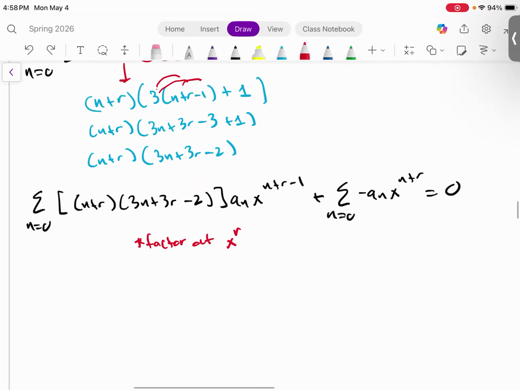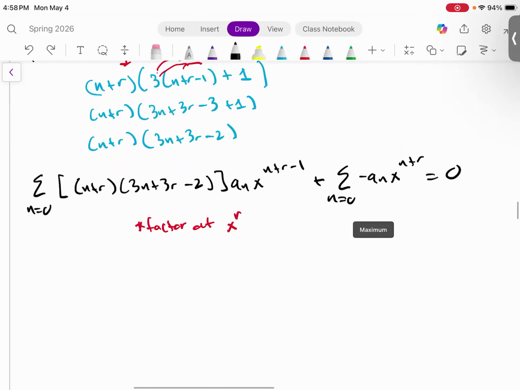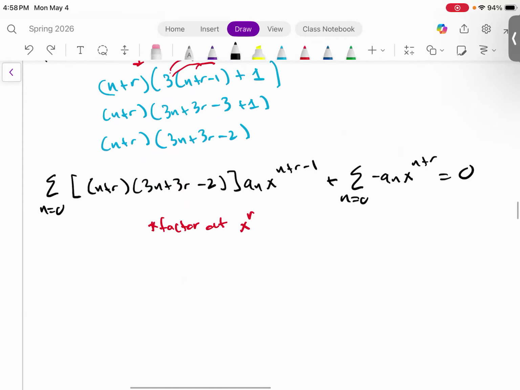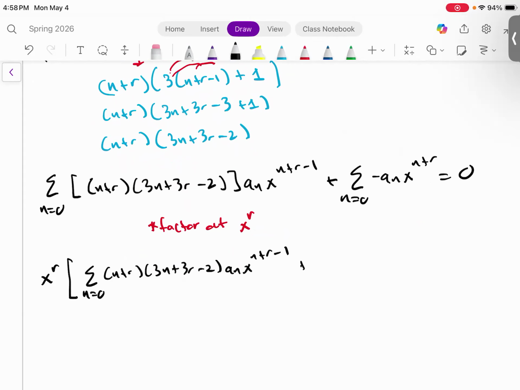So let's do that. What we will get is x to the r, factoring that out, big old brackets: series n equals 0, n plus r times 3n plus 3r minus 2, a sub n x to the n minus 1, plus the power series n equals 0, negative a sub n x to the n, all equals 0.